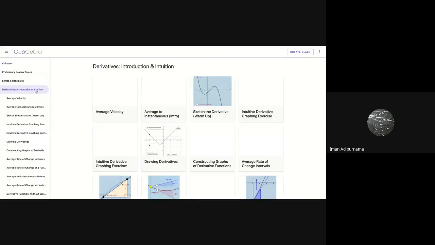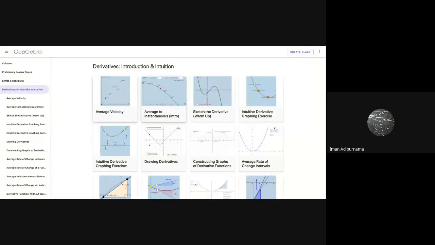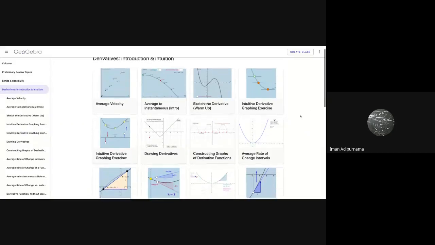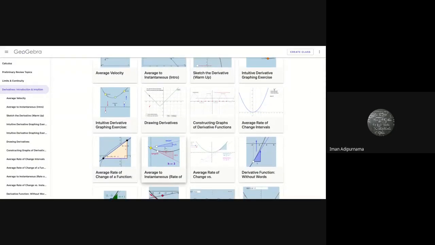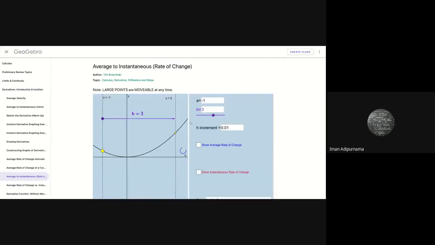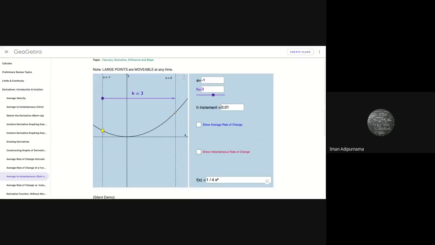For example, let's see our derivative. Okay, so you can have several topics, some of which I already mentioned. And we can see from here, for example, you can change the point here. You can change this h.